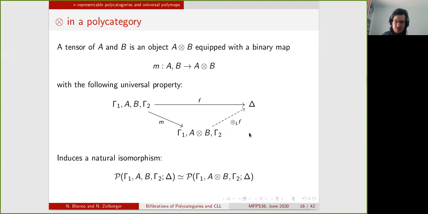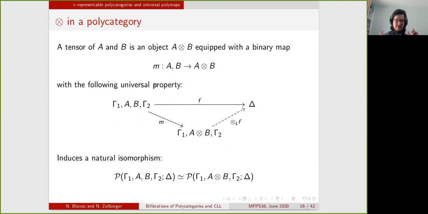And we choose this notation because this is closely related to the rules from the sequent calculus. So this corresponds to the tensor left rule. Given something that has A and B in the input, I get something that has A tensor B in the input. And this M is closely related to the right rule for the tensor product. We get it by looking at the right rule and taking the special case where we have identities.